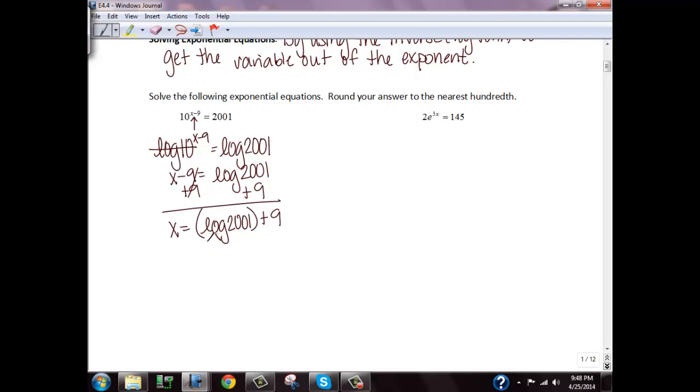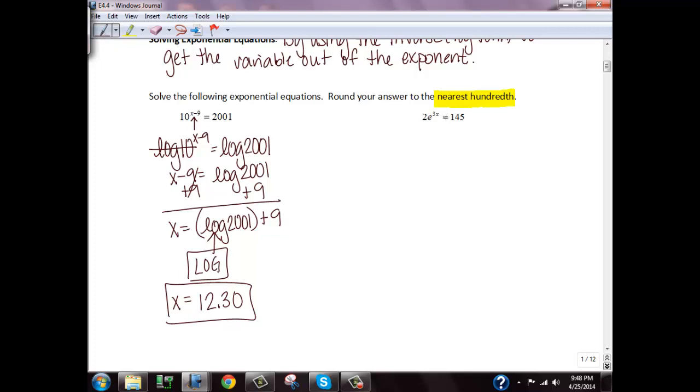Since this is log base 10, I can use the log button on my calculator. So do log 2001, and then whatever that equals, add 9. We should get something like 12.30. Notice here in our instructions it says round to the nearest hundredth, so I'm going to round to 2 decimal places. Let's look at another one.